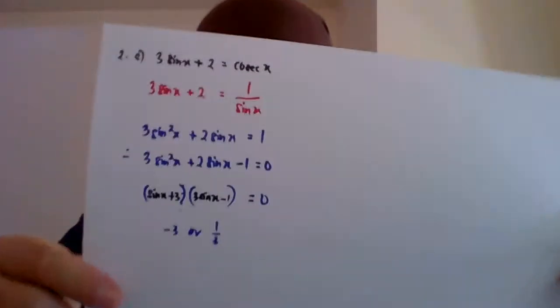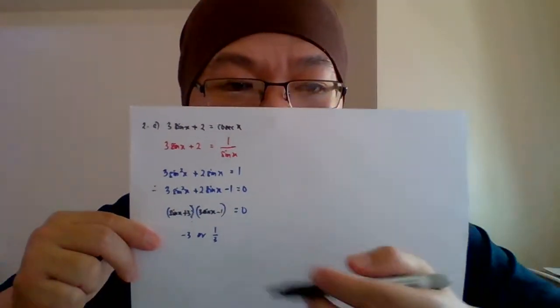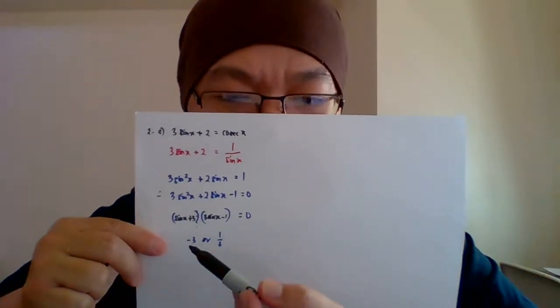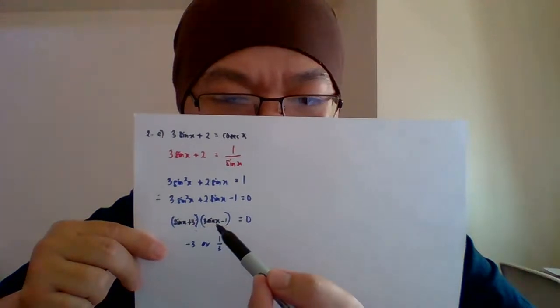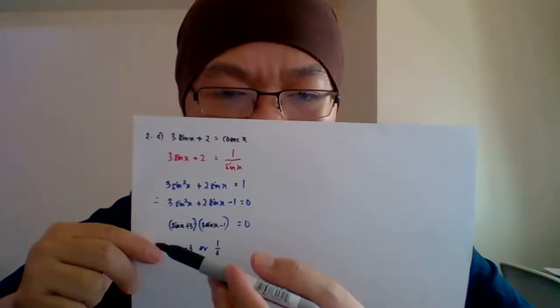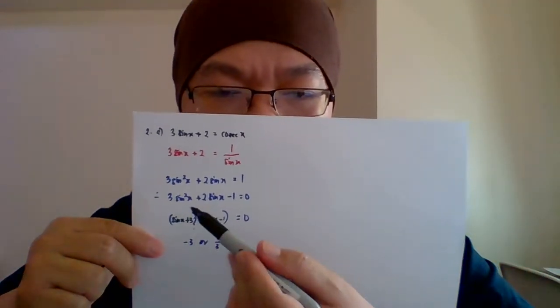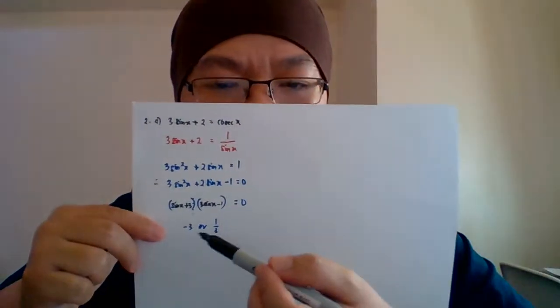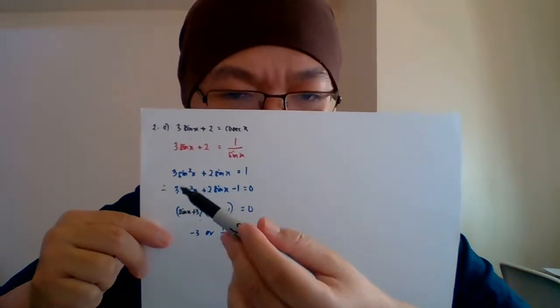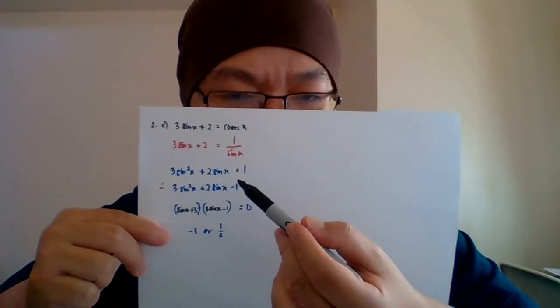Hopefully you can see it. So this is the factorization. For negative 3, it becomes sine x plus 3. For 1 over 3, it becomes 3 sine x minus 1. Please refer to the previous video if you have a problem with this method. So these are the roots for this quadratic trigonometric equation.